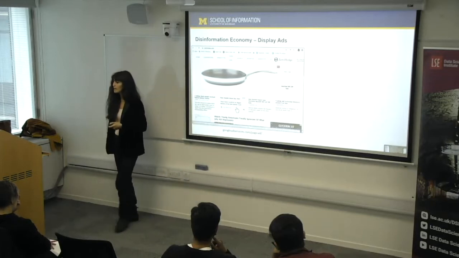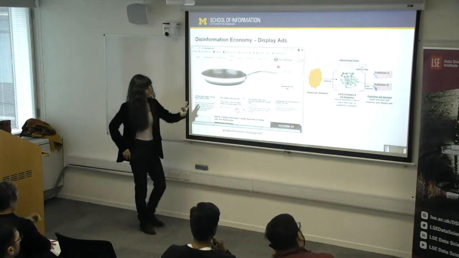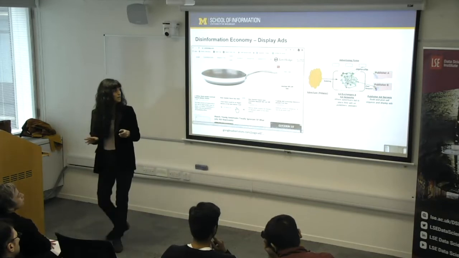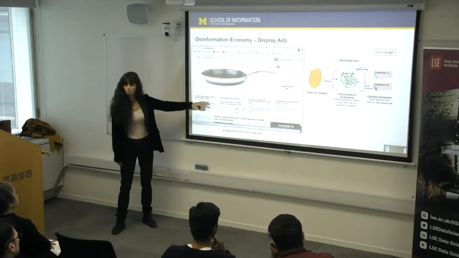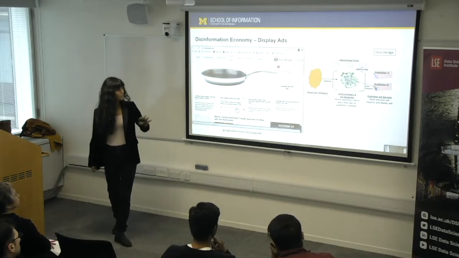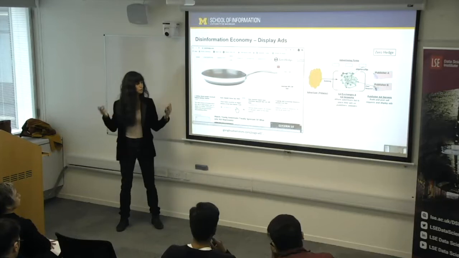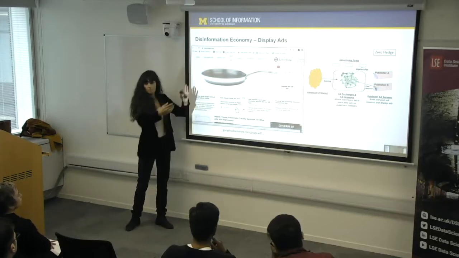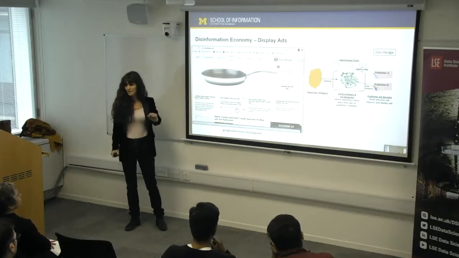So what's happening here is, again, a sort of caricature of this display advertising space. We have three types of actors. We have publishers. So Zero Hedge is a publisher, right? Publishers give content for consumers to read, but they also have space on their pages to show ads, and that's how they make money, right?